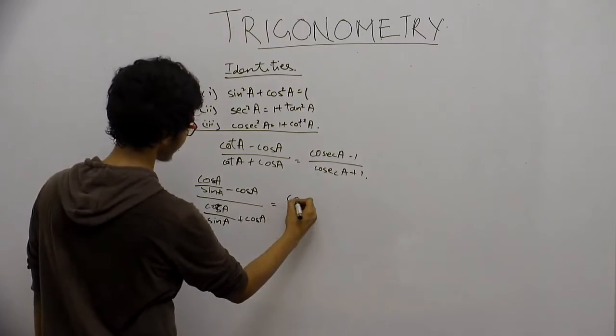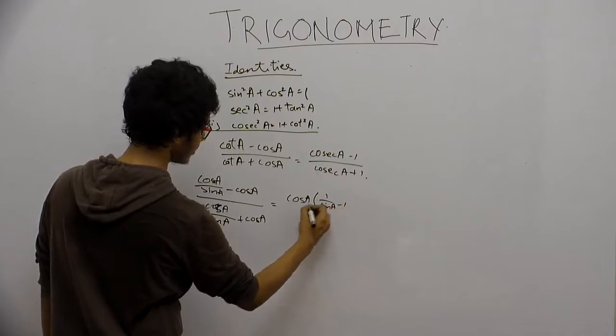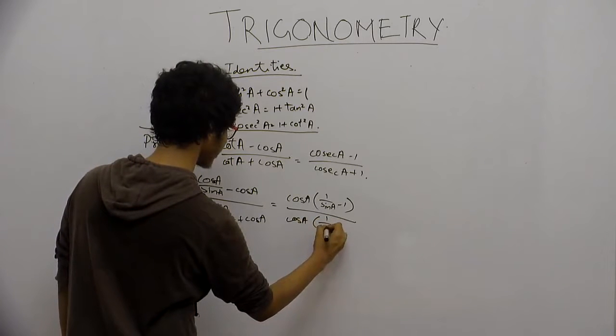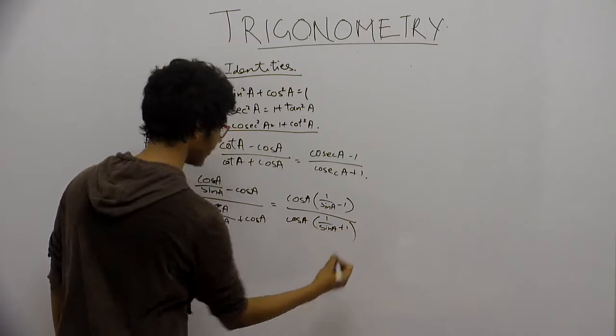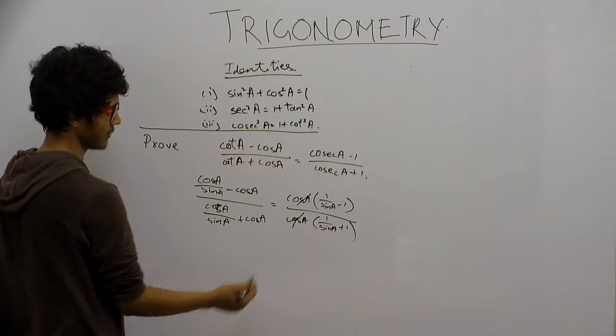So we get cos A (1 by sine A minus 1) divided by cos A (1 by sine A plus 1). Alright. We cancel out the cos because of course it isn't 0.